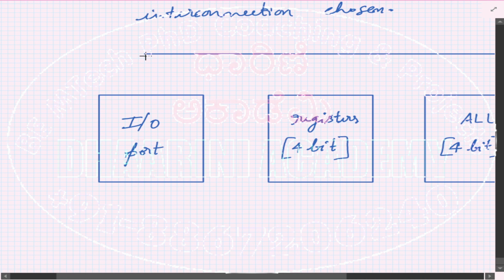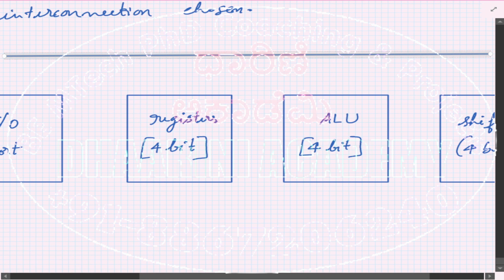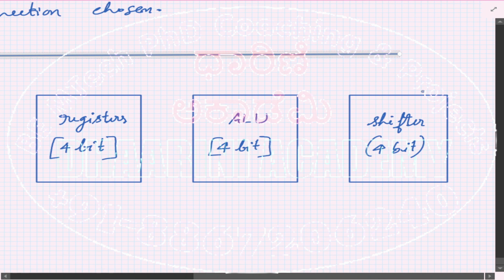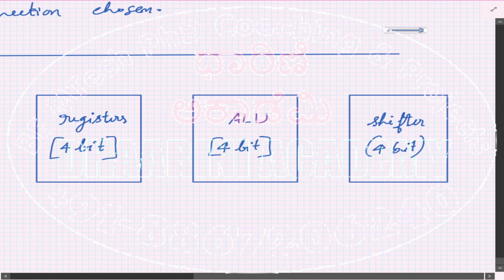Now, what we do next is we take a line, and this line is expected to connect all the four devices. And the connection is going to be like this. Either you use a specific type of connection which has already been selected.